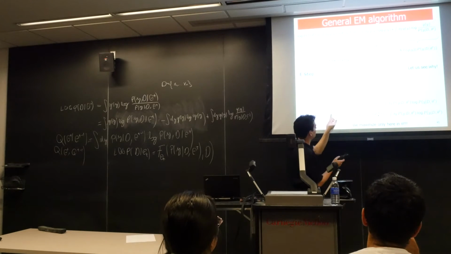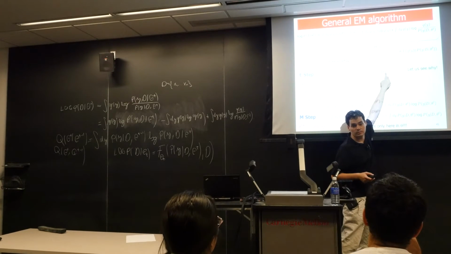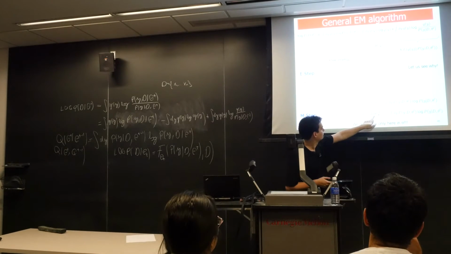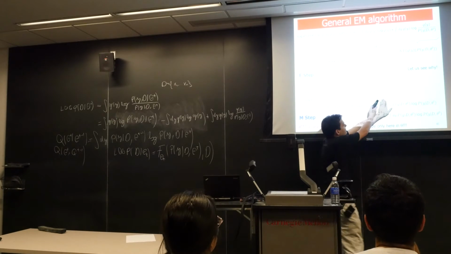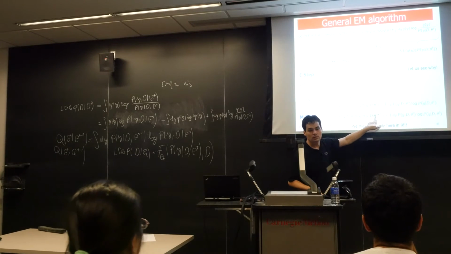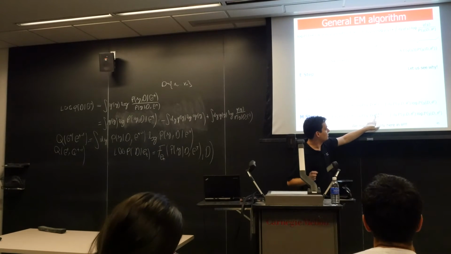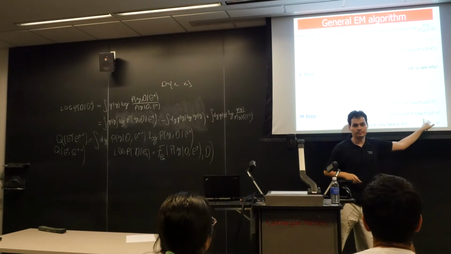Because of that, this expression is less than this when I write theta t plus 1 here. So this is the Q function with theta here, and I maximize that, so it will be theta t plus 1 here, and I don't change these guys.